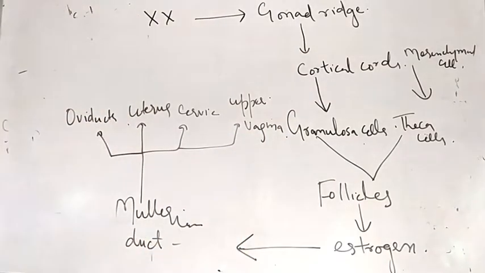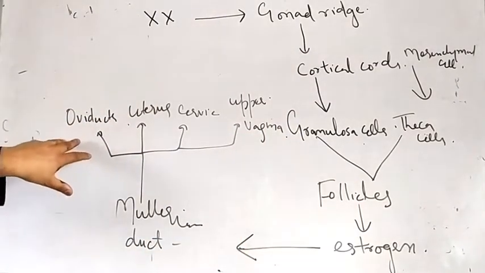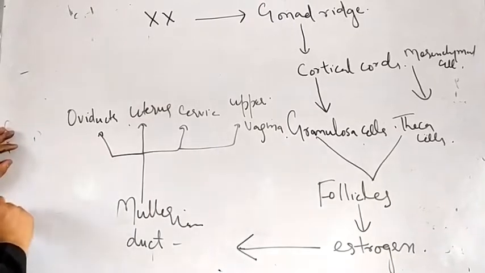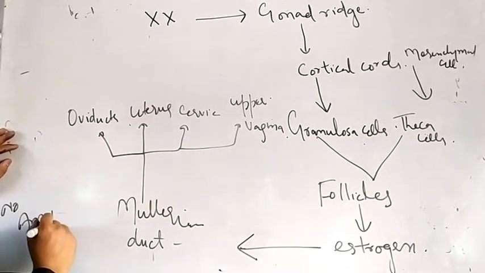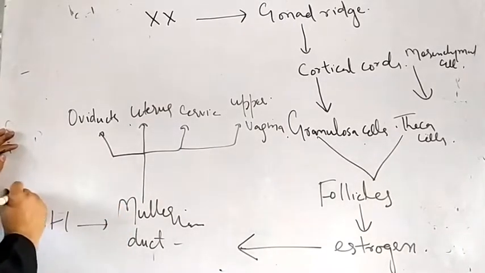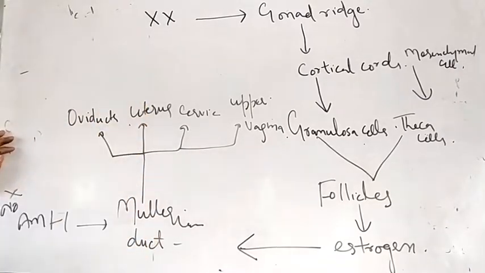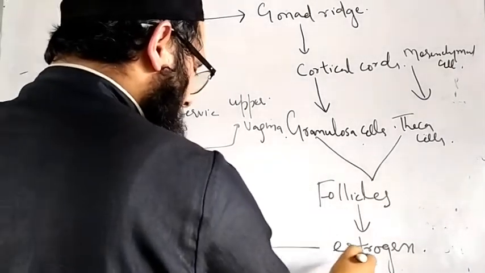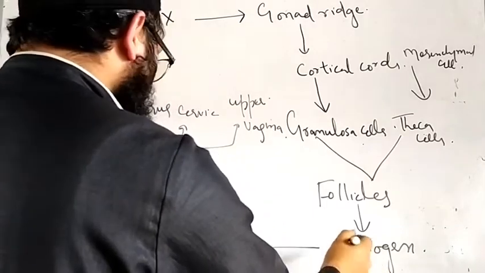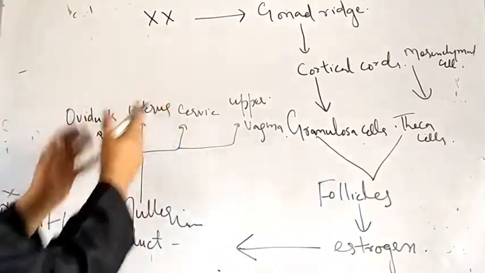This Mullerian duct will be differentiated because there is no AMH to cause its regression, and because of the impression of this estrogen as well.